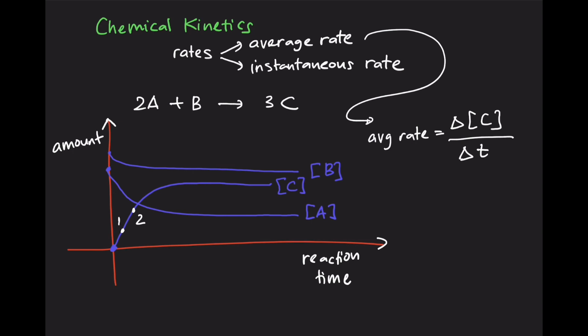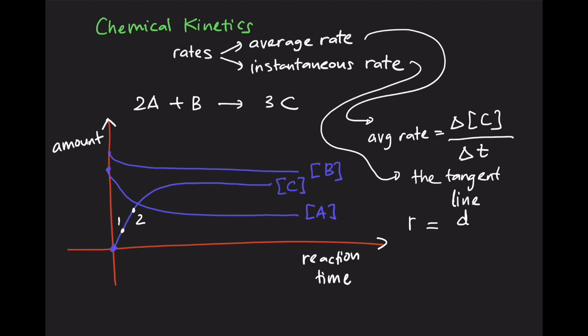However, for the instantaneous rate, what we take is the tangent line. Therefore, the rate is going to be a very small difference in the concentration of C divided by a very small difference in the time.